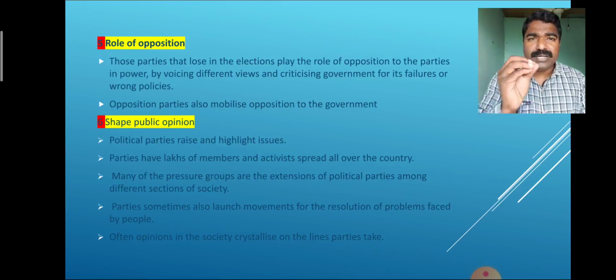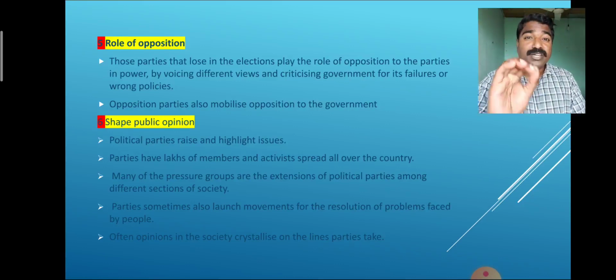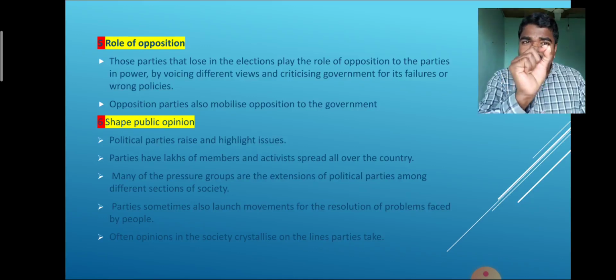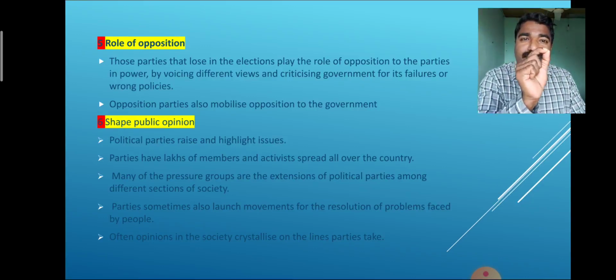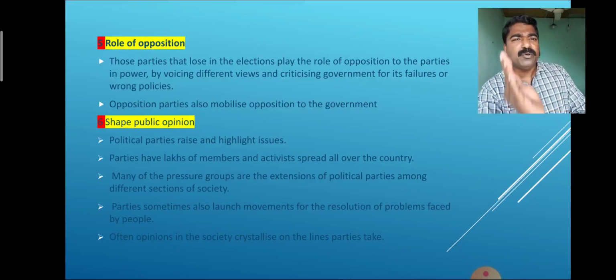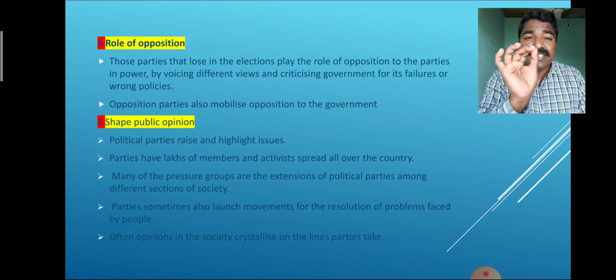What is the fifth one? Role of opposition. It's a very important function. Those parties that lose in the elections play the role of opposition to the parties in power by voicing different views and criticizing the government for its failures or wrong policies.